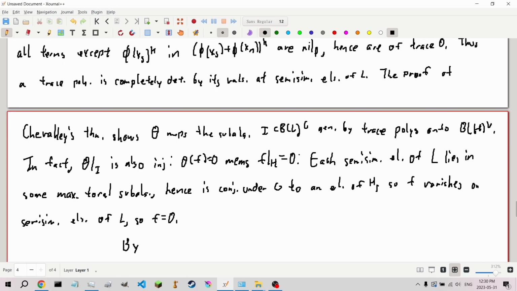By some algebraic geometry, which we're not going to do immediately, it can be shown directly that theta is injective, so that B(L)^G is generated by our trace polynomials.